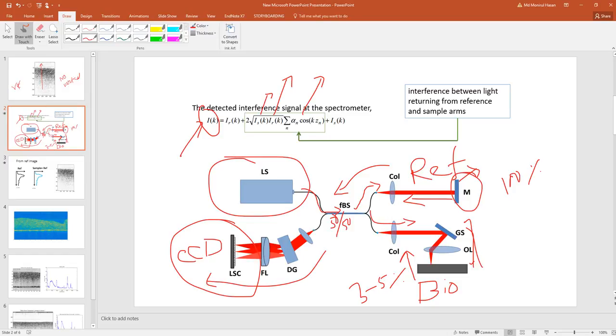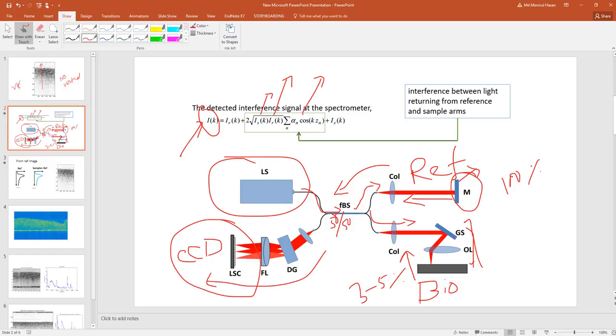As most of the light is coming from the reference arm, most of the noise component will come from the reference arm. So one way to calculate the noise is to block the sample arm and collect the data from the system. That means we are collecting data from the light coming mostly from the reference arm, not from the sample arm.